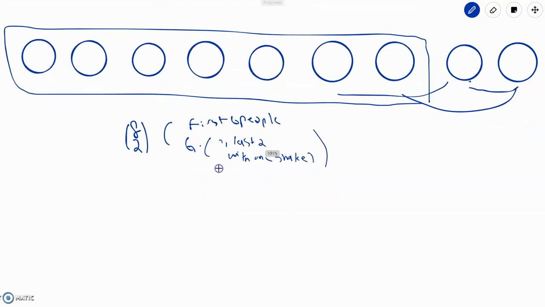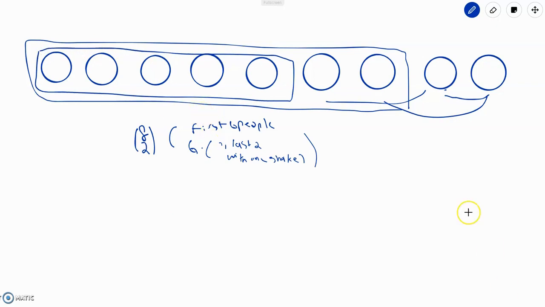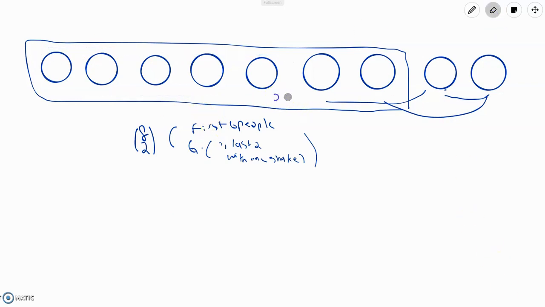So we want to find a way to maybe relate these 2 values together, or we want to find a way to create a function that can model this scenario. So we identified our 2 states as when the first few people did not shake at all with anyone yet, or when the last 2 people in this group already have 1 shake remaining only.